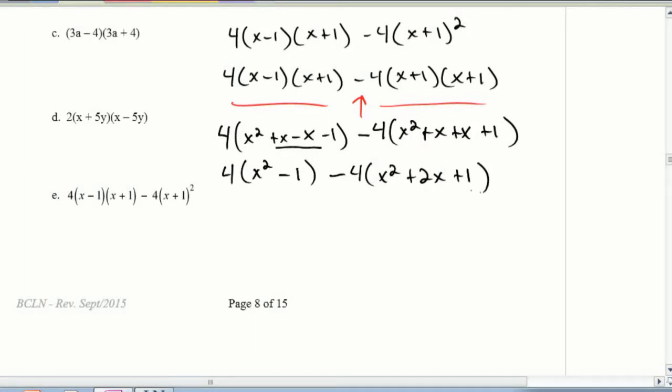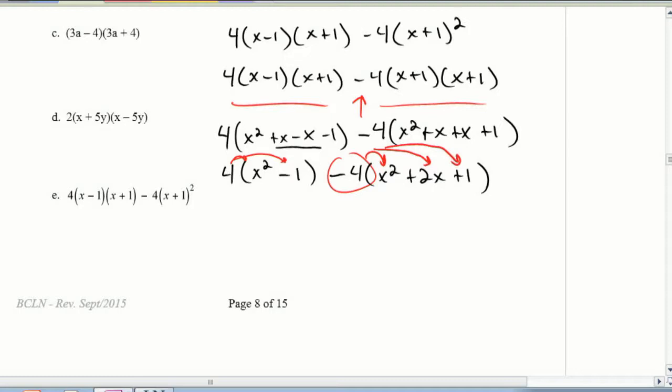All right, so now that I have FOILed those, now I need to distribute my number out front. In this case, I have a minus 4 being distributed through my bracket. It's messy. X squared times the 2x times the 1.